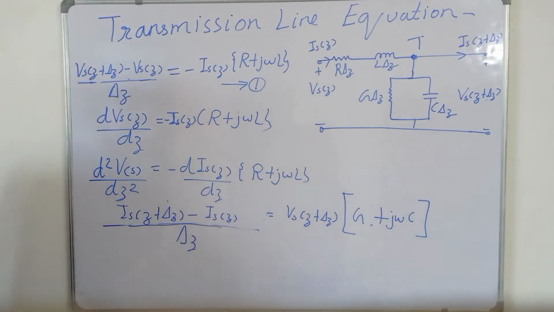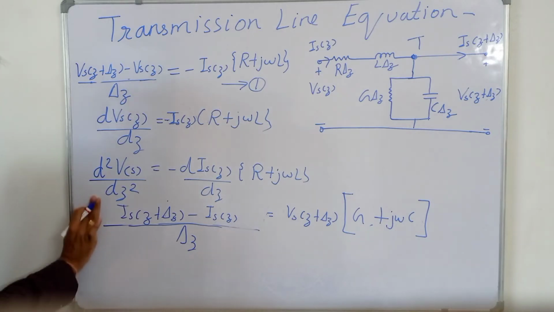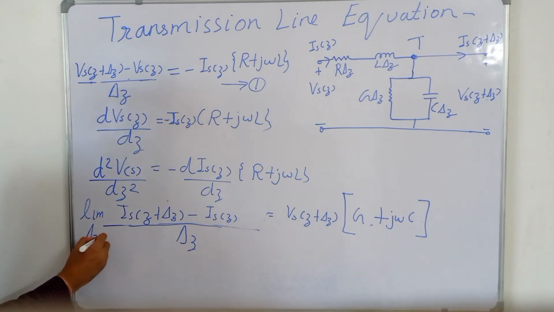Okay, so again taking the limit on both the sides. First we take the limit, so limit delta z tends to 0.